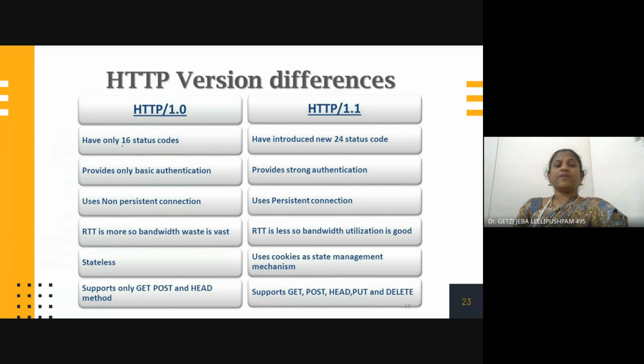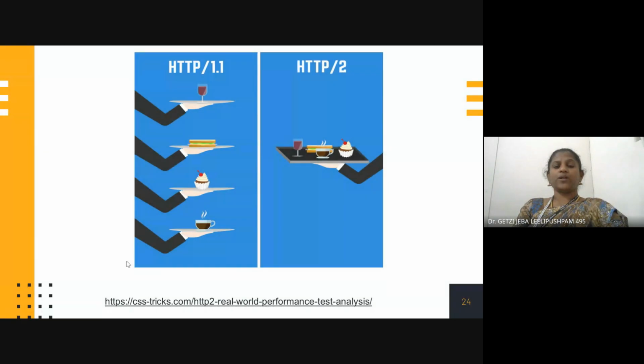HTTP 1 has 16 status codes, here 24 status codes. Here only basic authentication is there in HTTP 1.0, but here you have strong authentication. And it uses a non-persistent connection, which consumes so much time. HTTP 1.1 uses a persistent connection where there is only one connection open and connection closed for downloading all the objects. So these are the differences between 1 and 1.1.